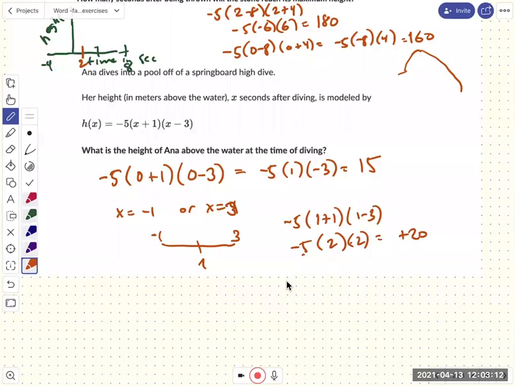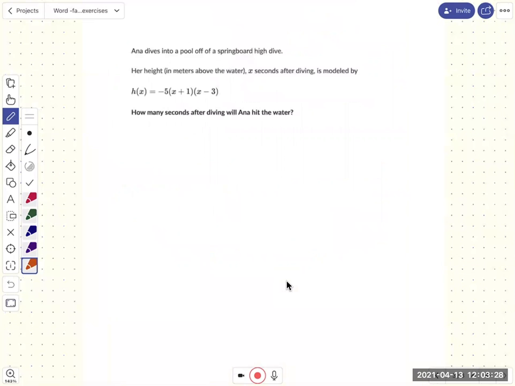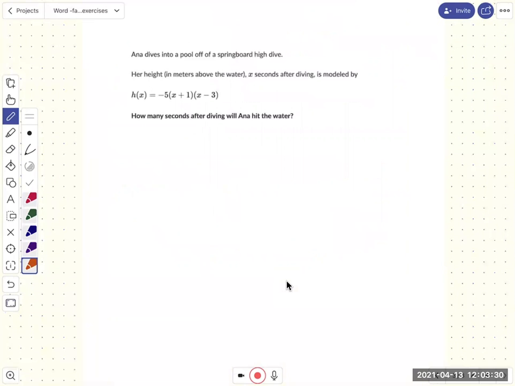And when is she in the water again? So at 3, right? So she reaches her highest point a second after the dive, and then 2 seconds later, she hits the water. Okay, so we just answered that last question, right? So you have your zeros.